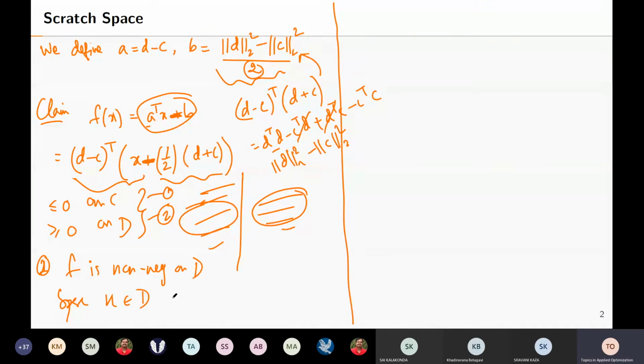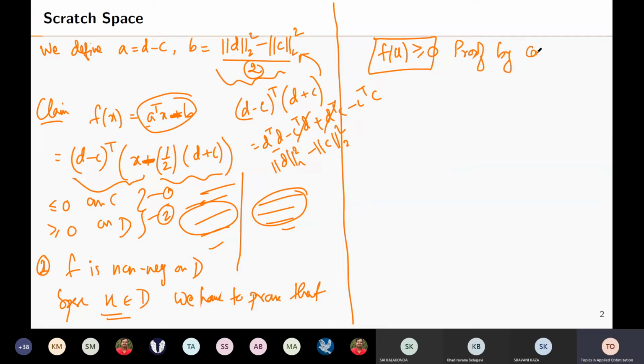We have taken any arbitrary u, and what we have to prove is that f of u is greater than or equal to 0, that is, f is non-negative on D. Now we will prove this by contradiction.